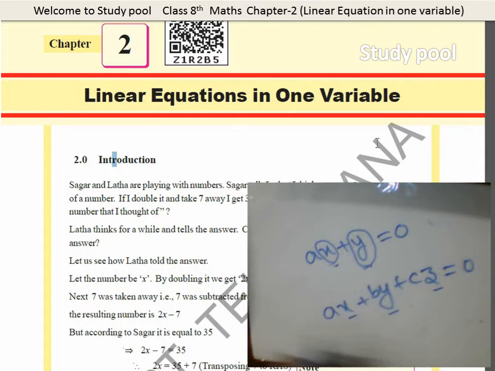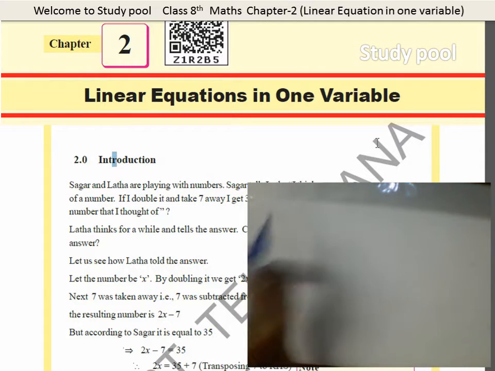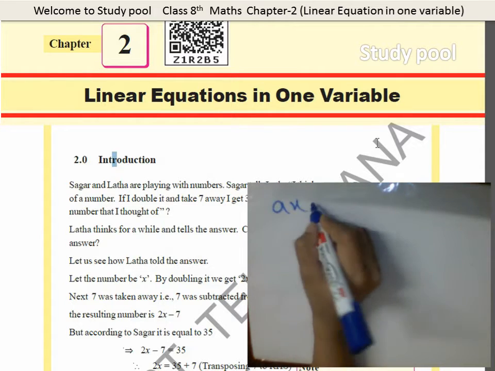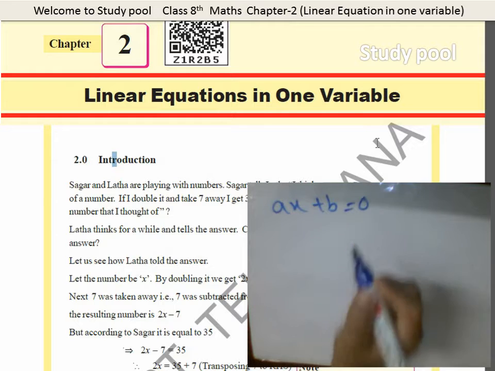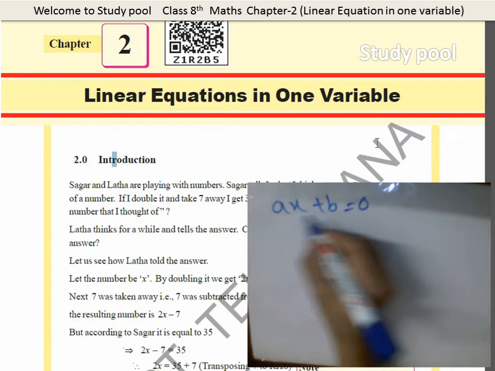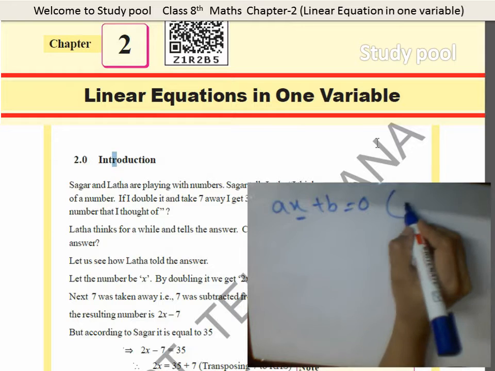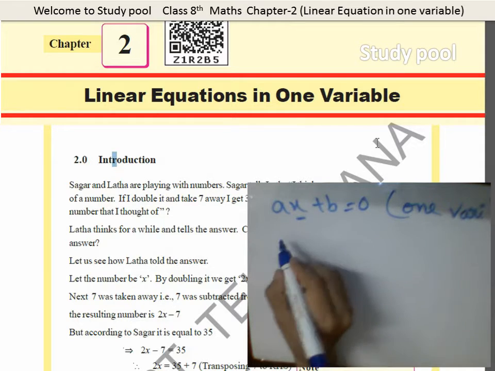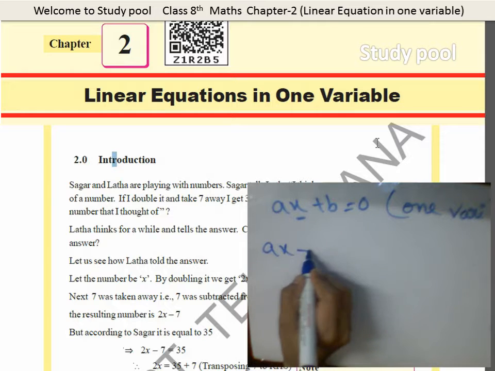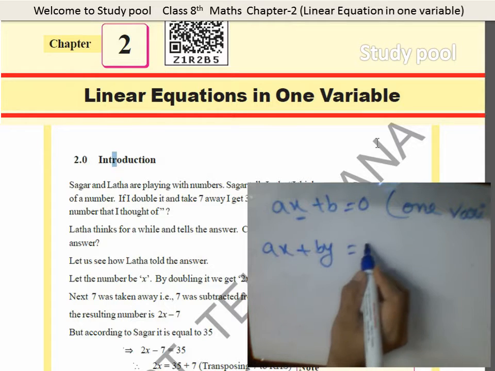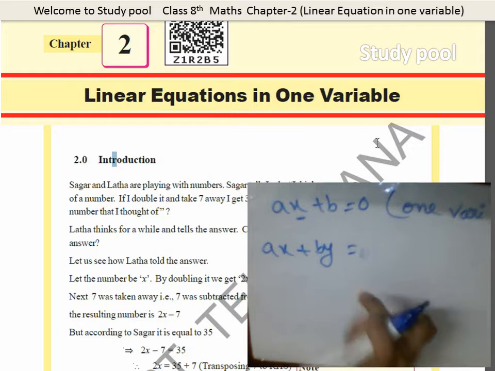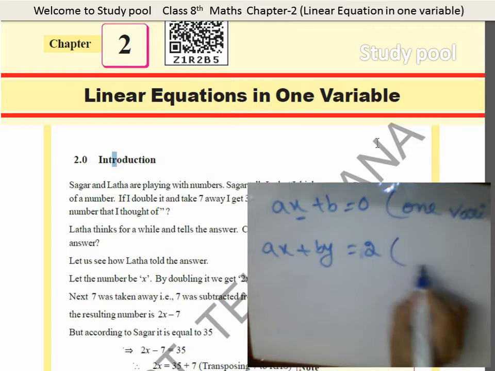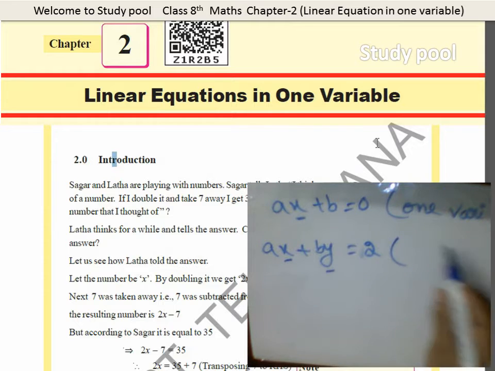Let me write them one by one so that it is very understandable for you. First I will write ax plus b is equal to 0. Here only one variable is there. Now if I write ax plus by is equal to 0, or we can take 2 also, whatever it is, the variables are 2, x and y.